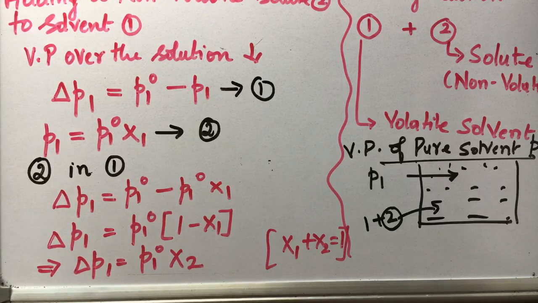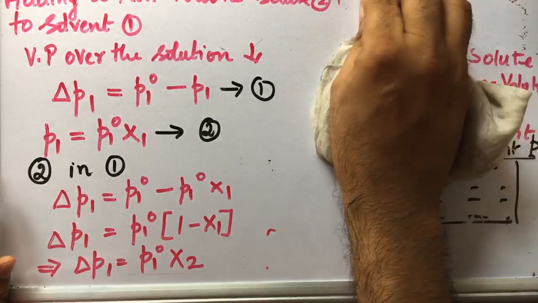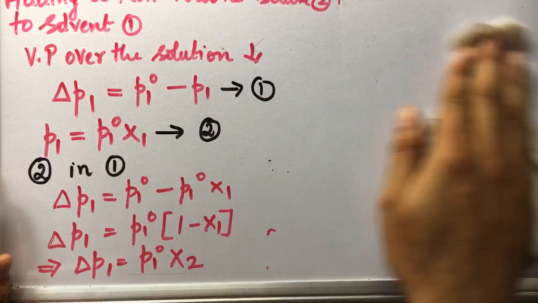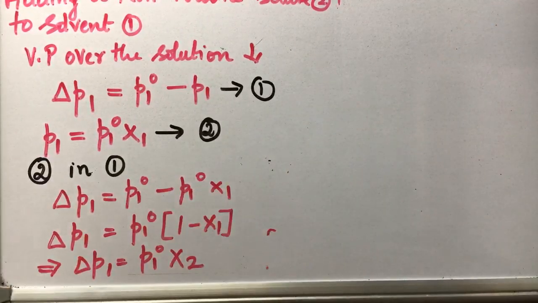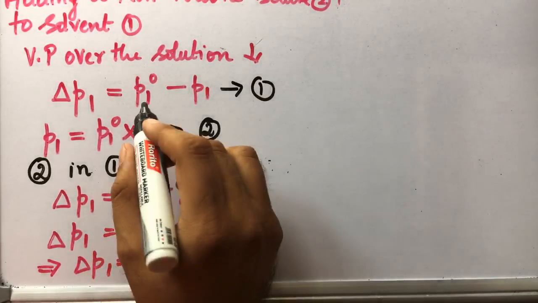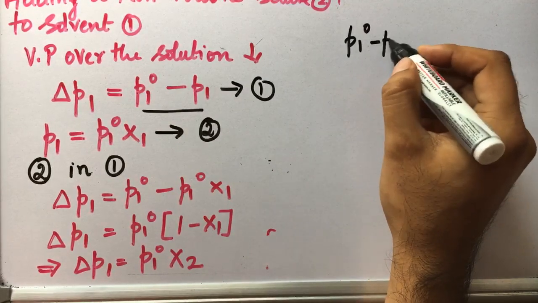Then after this, I will write it here. What is delta P1? We have written it in equation 1 as P1 naught minus P1.